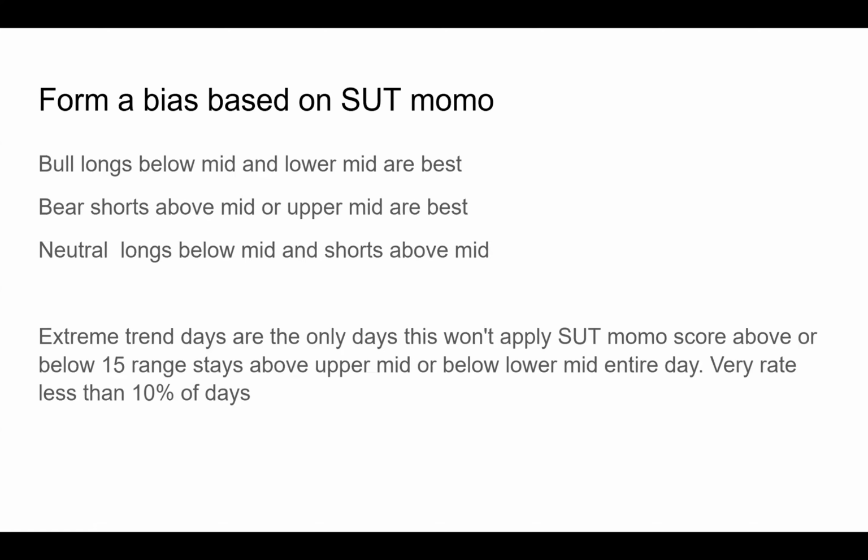We will be below the lower mid almost all day, and to be below the lower mid all day happens less than 10% of the time, if that. So we will almost at some point get back up to that lower mid at least. We don't have to worry about catching those extreme moves because they're such rare occurrences.